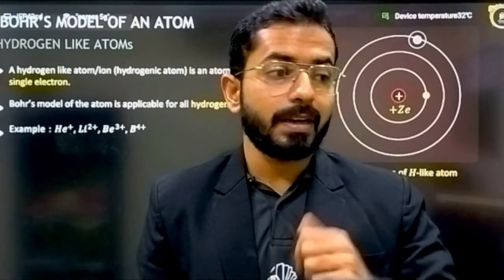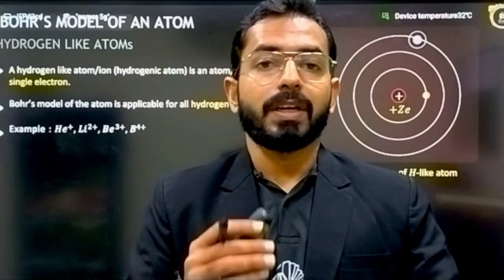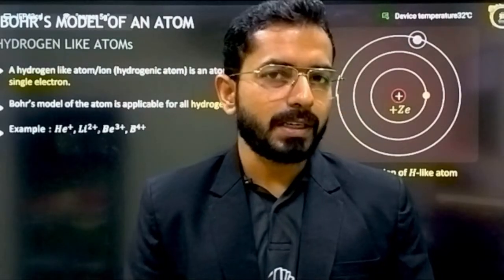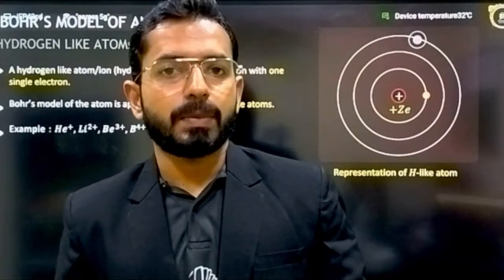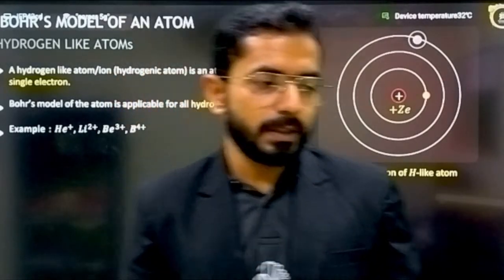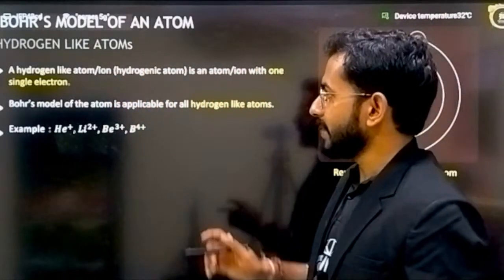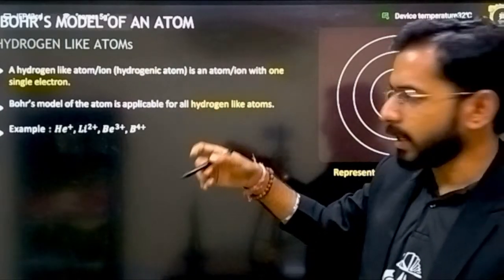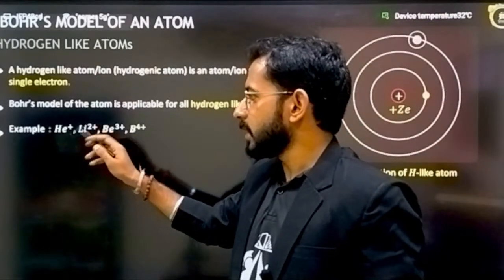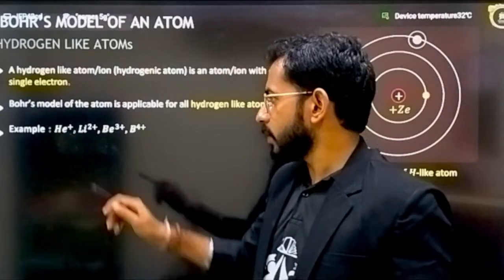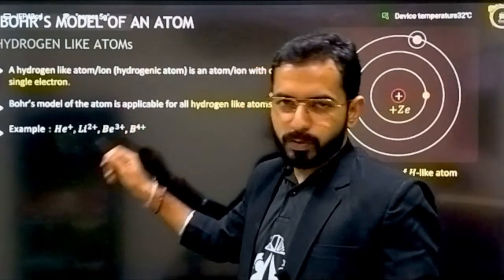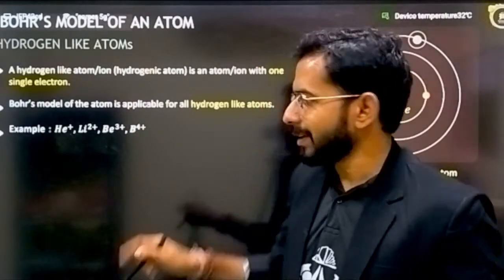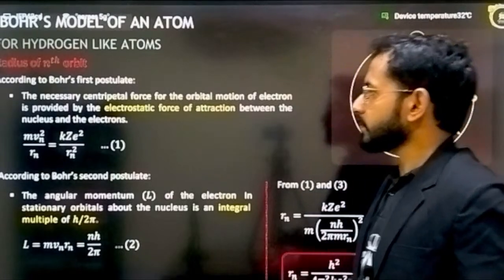All these things we study in the next chapter, semiconductors and devices, where we'll understand the behavior. So those things are not explained here. We are only going to study hydrogen-like atoms. Hydrogen-like atoms means single electron. I can say lithium 2 plus also, single electron will be there. Beryllium 3 plus, boron 4 plus, all these will have a single electron only. Okay.